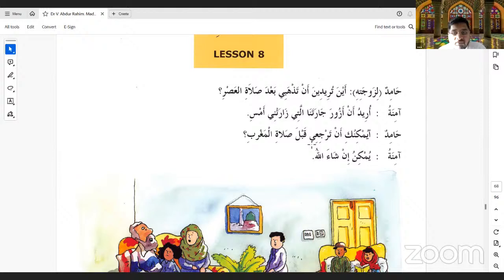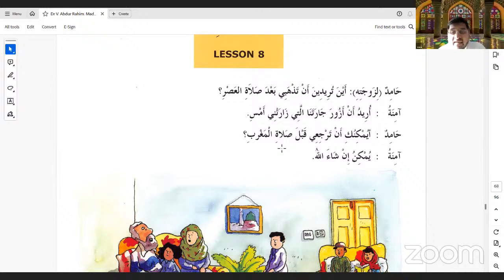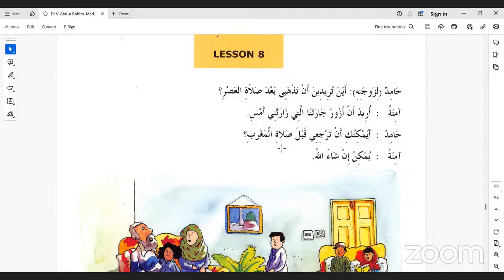Is it possible for you to return before Salat Maghrib?